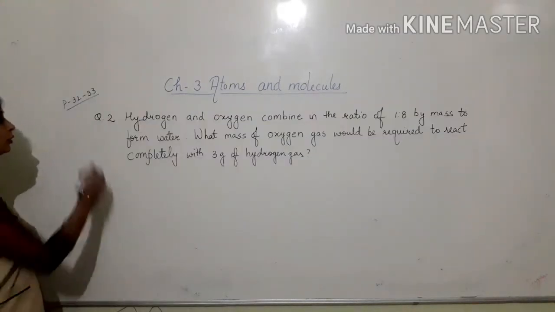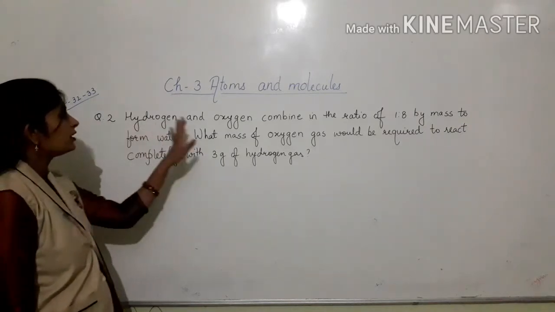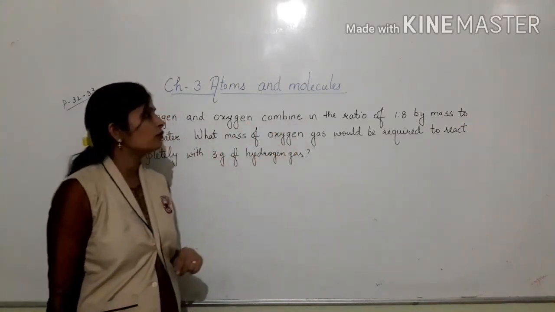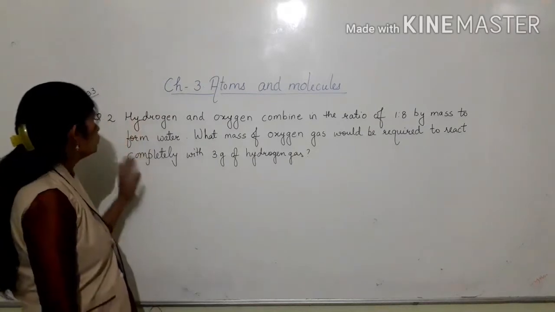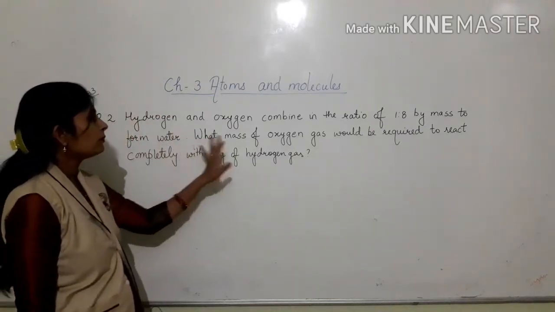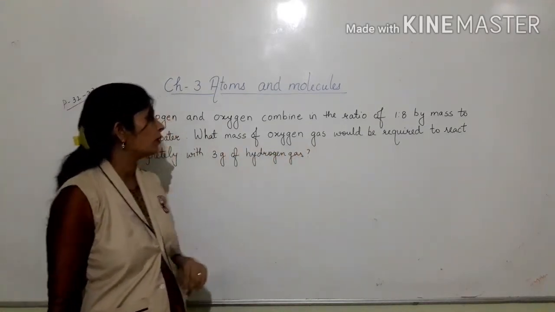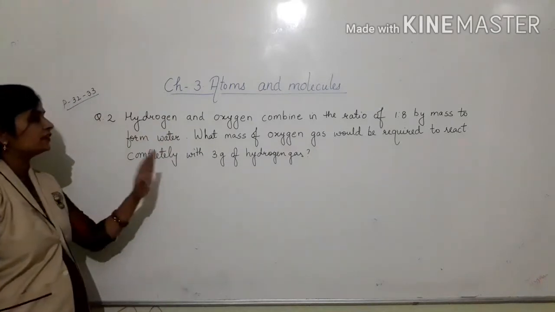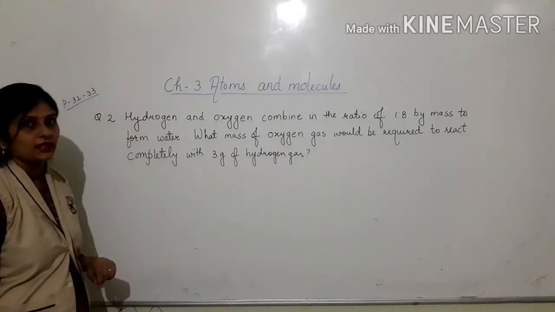Now question number 2. Hydrogen and oxygen combine in the ratio of 1:8 by mass to form water. What mass of oxygen gas would be required to react completely with 3 gram of hydrogen gas?